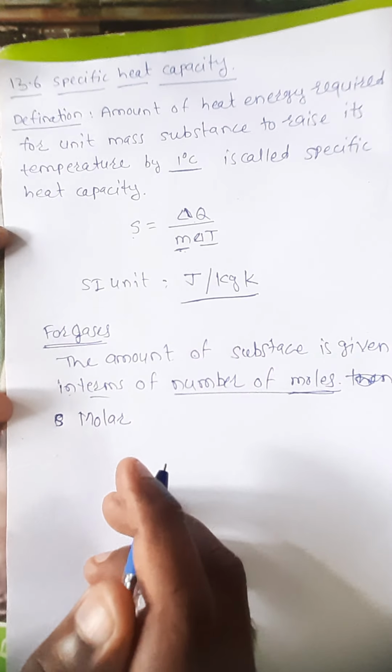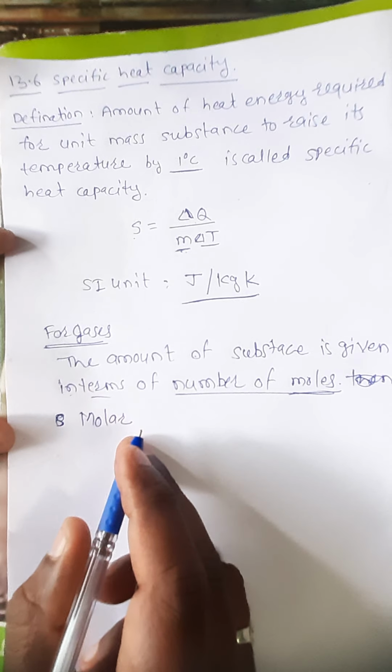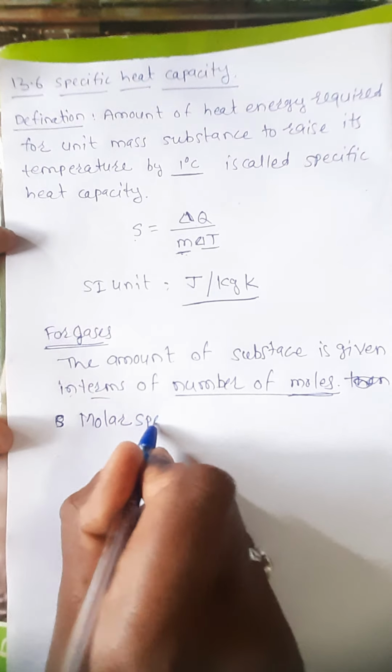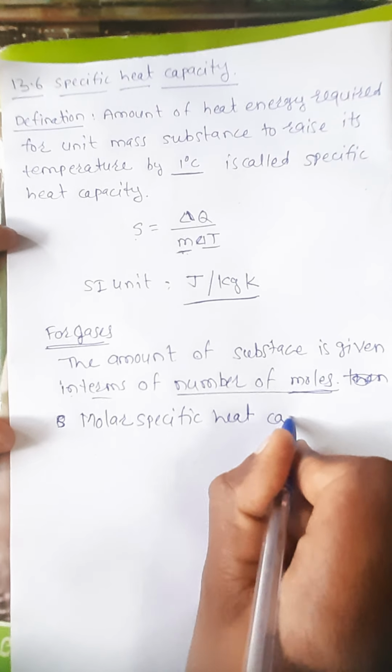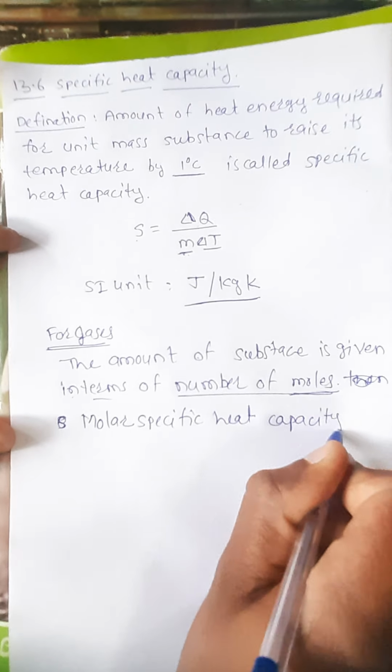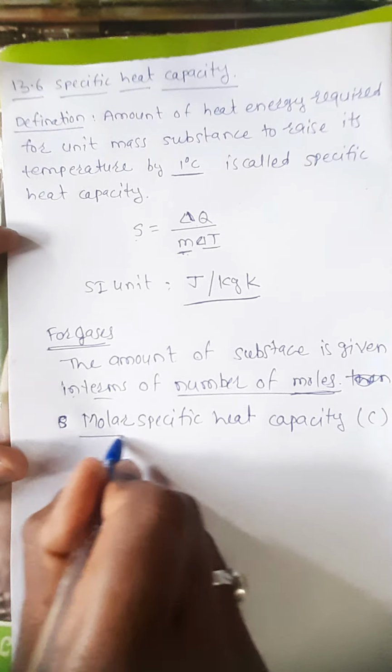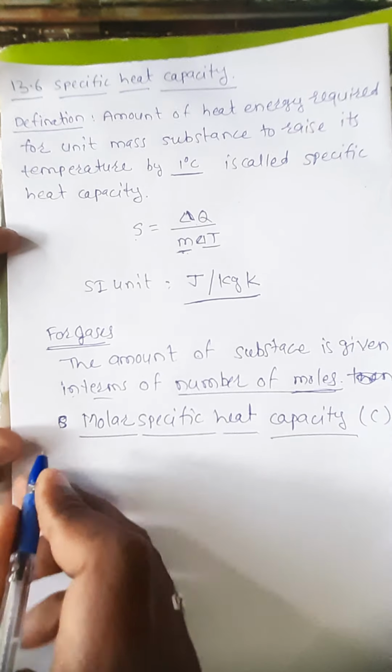Therefore whatever the specific heat capacity, for gases that specific heat capacity is known as molar specific heat capacity, and it is denoted as C.